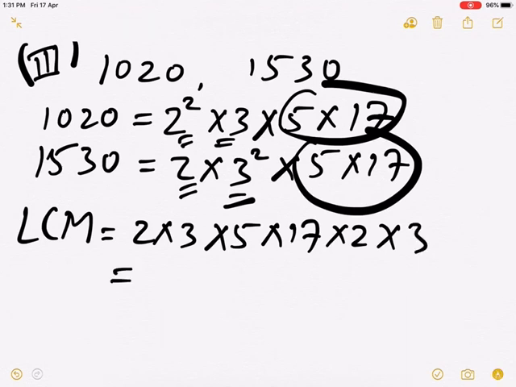So we will be left with the number here 2 into 3 into 5 into 17 into 2 into 3. If we do this multiplication correctly here, we will get the LCM as 3060. So that is the answer for question number 2.